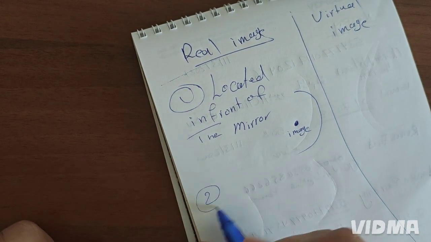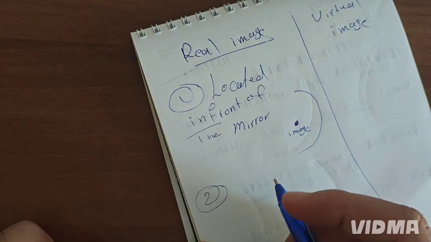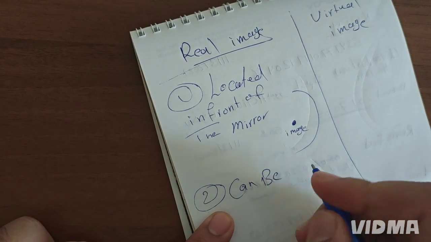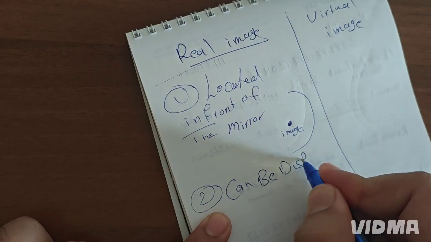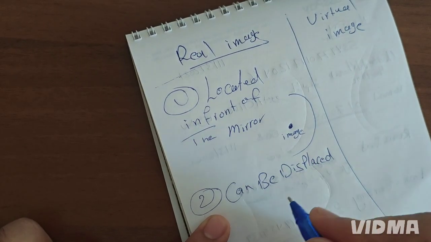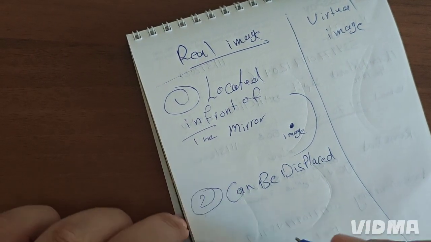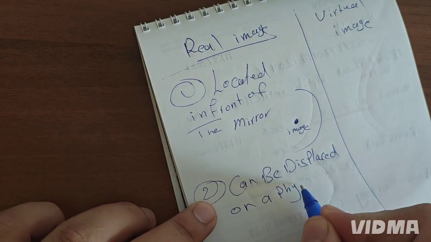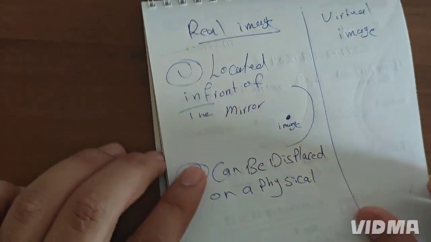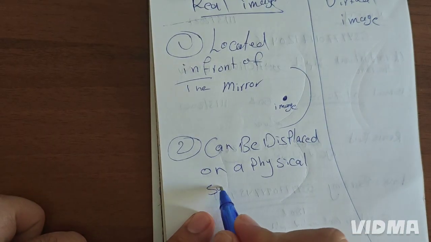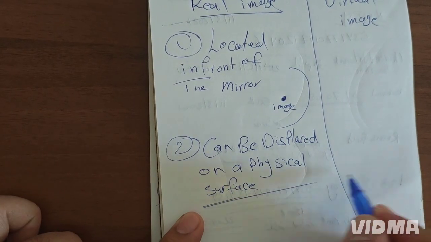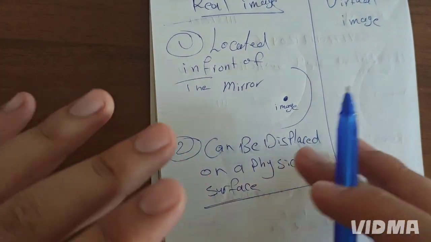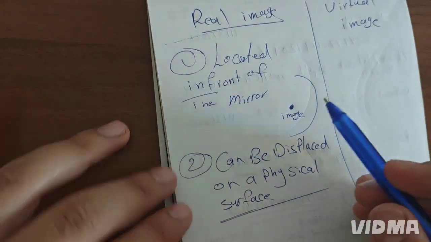Second property: it can be displayed on a physical surface. If you remember, in a flat mirror we said that it can never be displayed on a physical surface because the image was virtual.